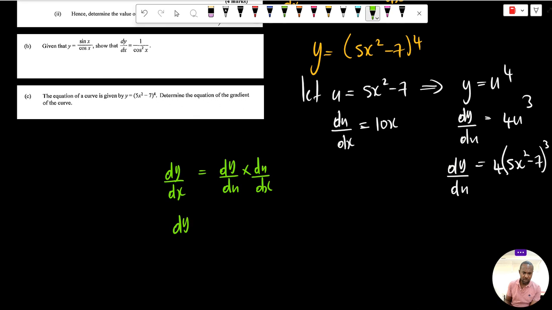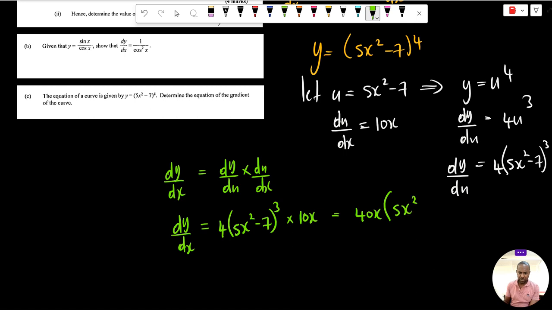And so therefore, dy by dx is equal to 4 bracket 5x squared minus 7 cubed times du by dx, which of course is times 10x. And so this gives us 40x bracket 5x squared minus 7 all to the power of 3. And this right here is the gradient of the curve, or the equation of the gradient of the curve, which is also referred to as the gradient function of the curve.